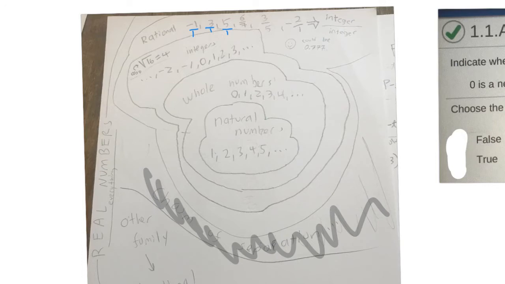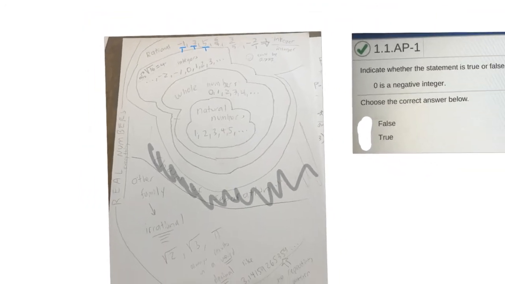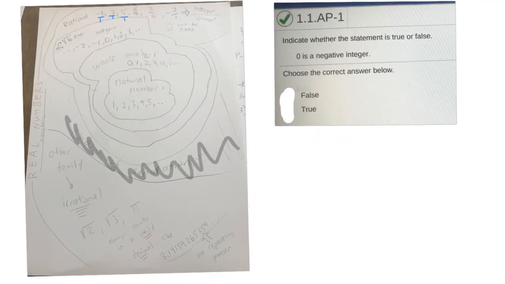If you have 0 apples in your basket, you don't really say that you have 0 apples in your basket. You just say, oh yeah, here's a basket. It's an empty basket. Okay. So natural numbers are the numbers that we use to count objects. Whole numbers include 0.